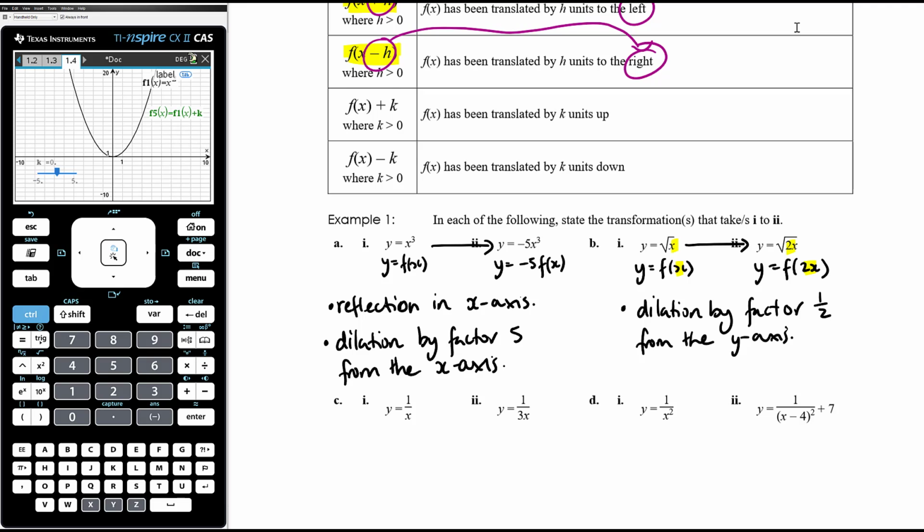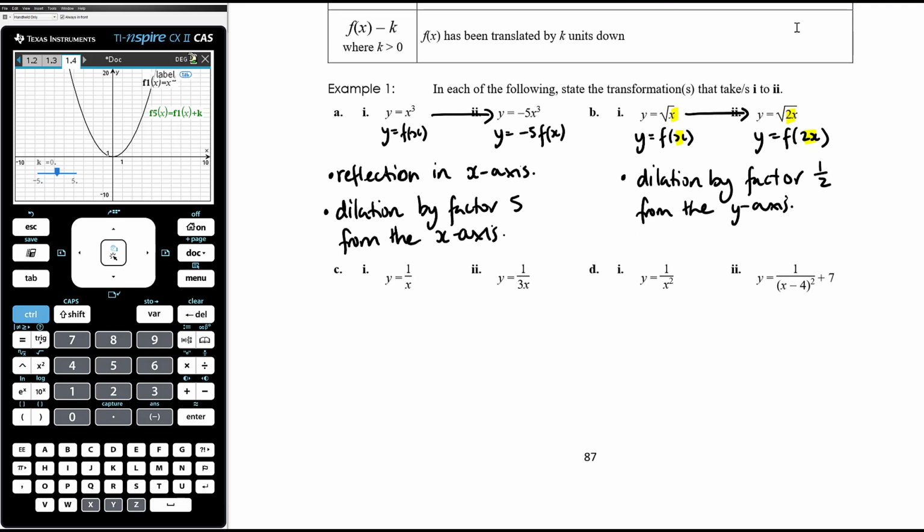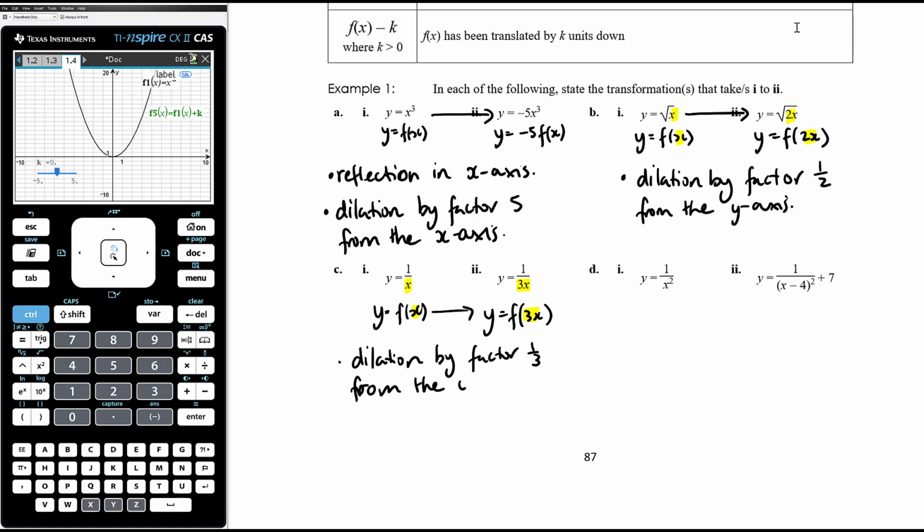Okay. Alright, now C we could think about in two different ways. If we think about this as y equals f of x, then this is y equals f of 3x. Okay, we've replaced the x part of the function with 3x. And so that is a dilation by factor 1/3 from the y-axis.